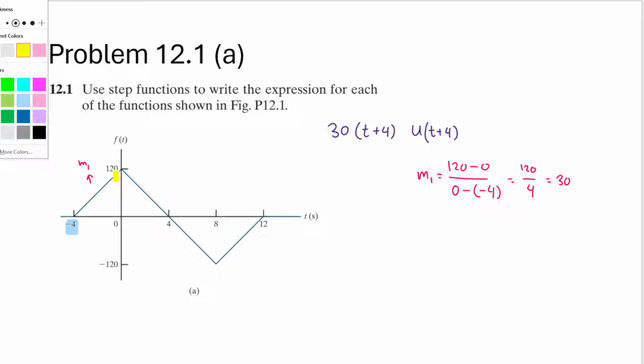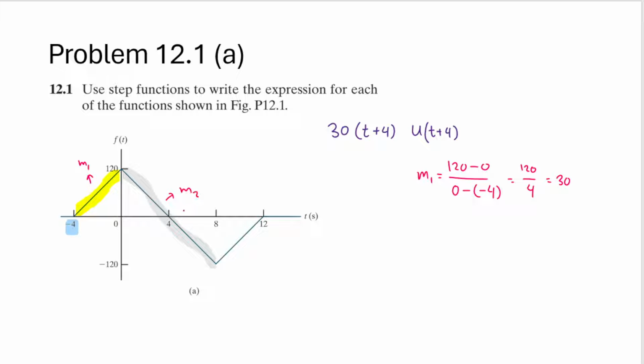So this is for the first part here. Let's move on to the second part. We have a long line here, but still we can calculate the slope of this line. We can call it m2. And what is m2?